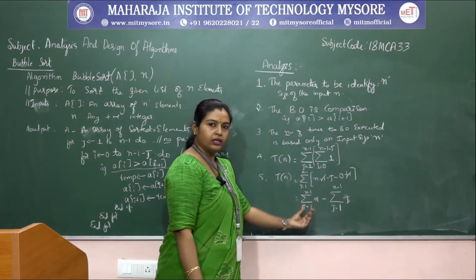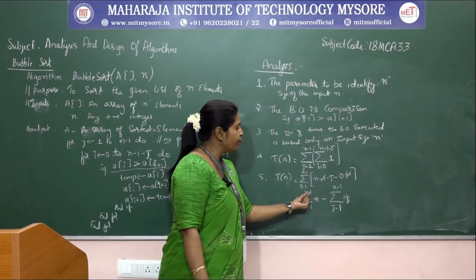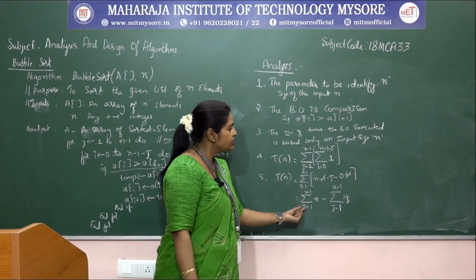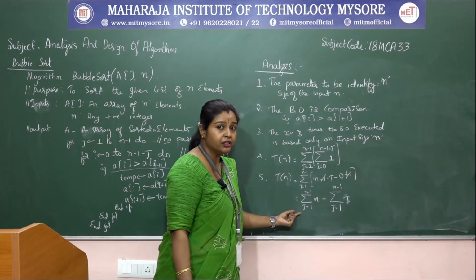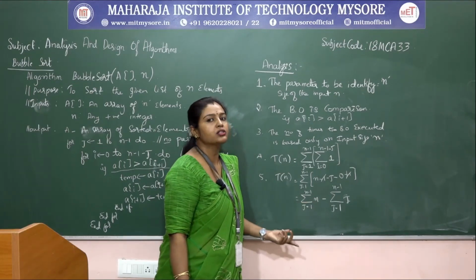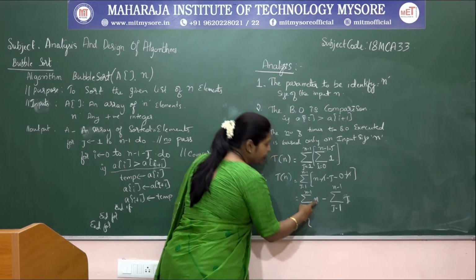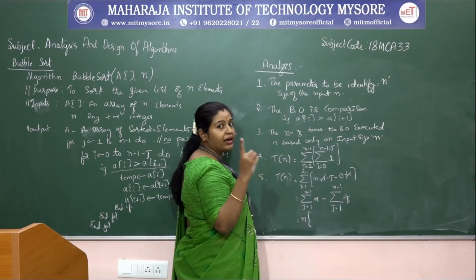So if you saw, now you can solve separately. Now j is equal to 1 to n minus 1. What is the variable term here? j, right? So this n will become a constant, so take it out, n. Now if you take this out, you will remain with 1.